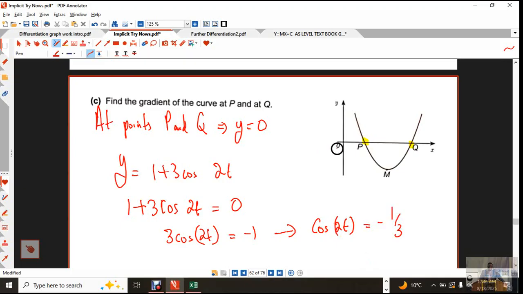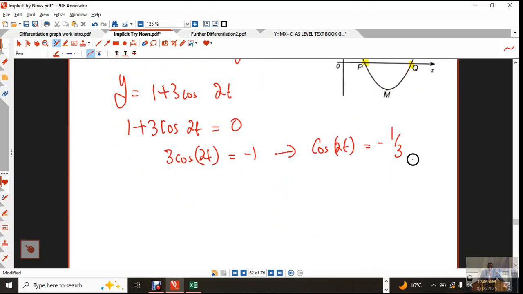We know that the cosine will be negative in quadrant 2. It's going to be negative in this quadrant and also in the third quadrant.